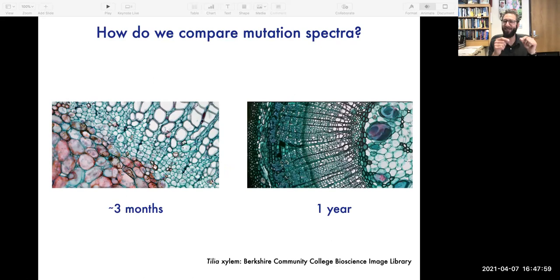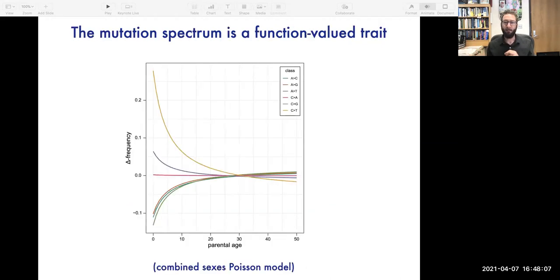That trait itself is also evolving inside the organism, but it's just changing with development. So if we imagine how the spectrum changes, if we benchmark it at 30, we see that some mutation classes would go up and some would go down. If we had younger individuals, some would again go up or down, and likewise if we had older individuals than the average Icelandic individual.